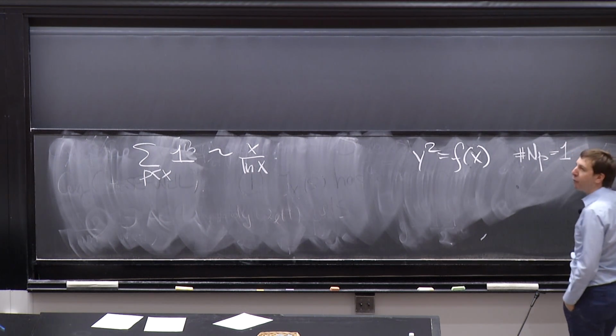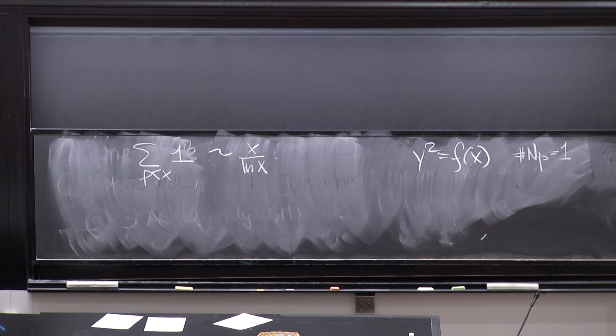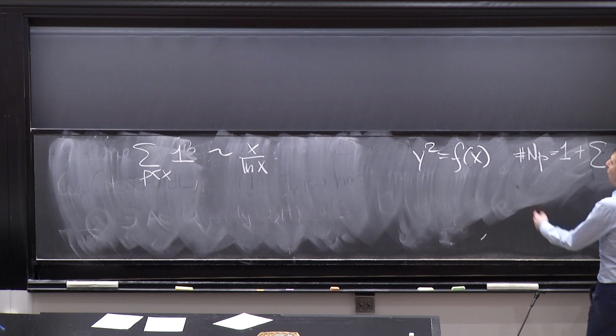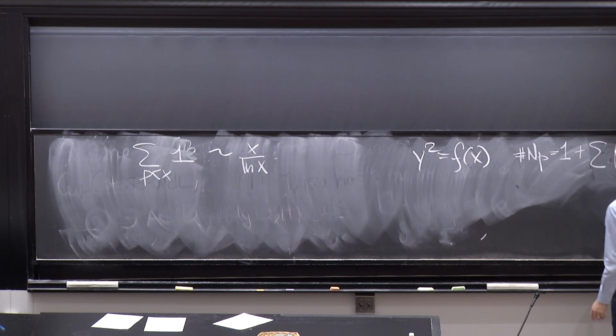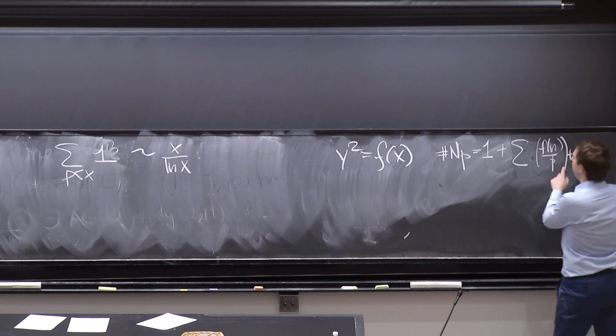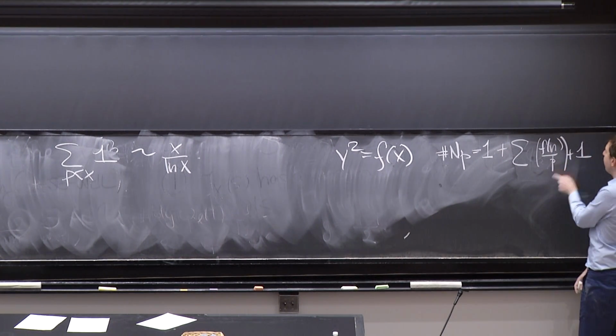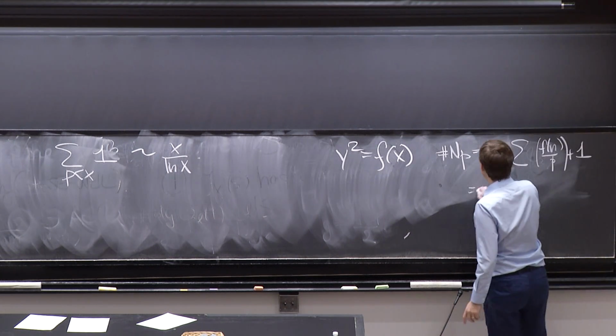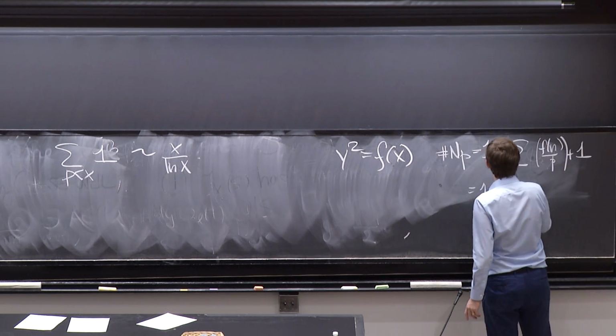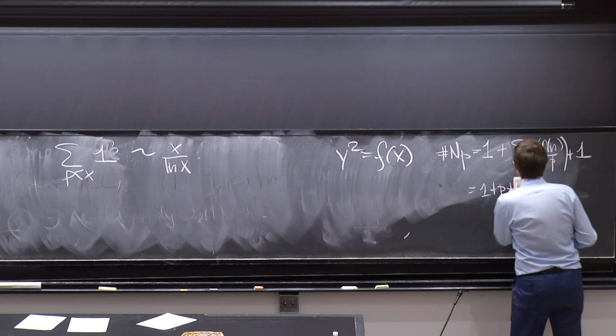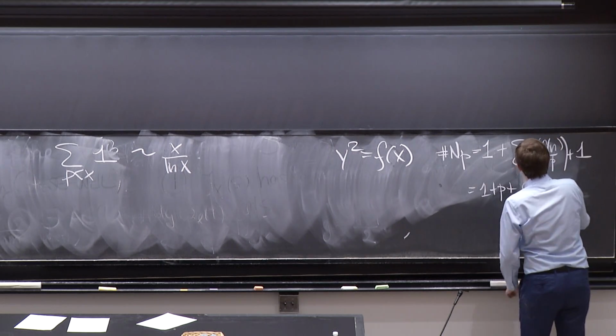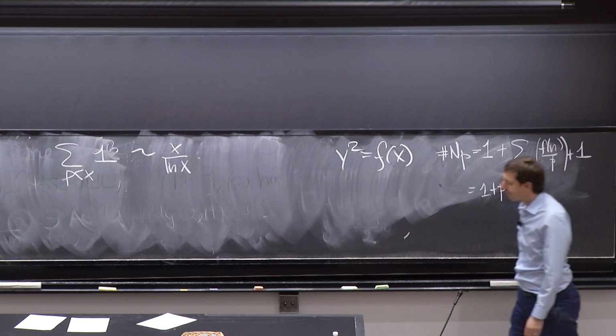Well, there's always a secret point at infinity. And then, each time f(x) is a square, I get 2 points. If it's a non-zero square, I get 2 points. If it's a zero square, I get 1 point. If it's not a square, I get 0 points. And so this is exactly equal to 1 plus p plus this number a_p that I was talking about before.